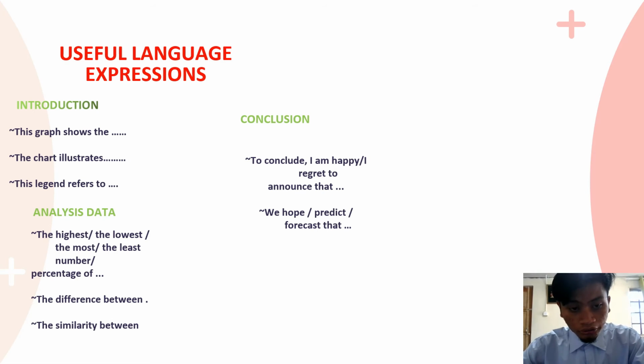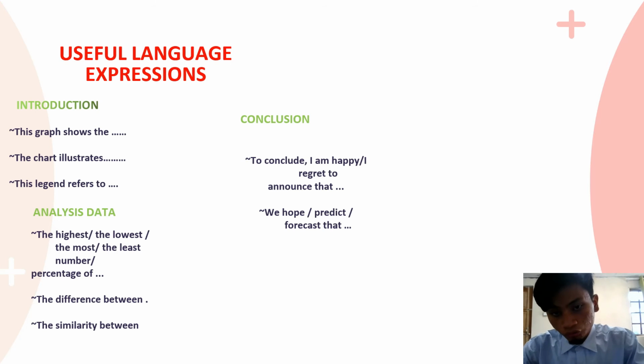Okay, now we are talking about analysis of data. For the analysis, you can put the data is the highest, the lowest, the most, the least, the percentage, number of, or anything to make comparison of your data. You also can use the difference between, or if the data is similar, you can tell the similarity between.